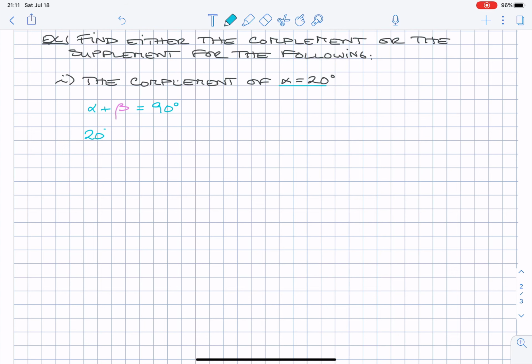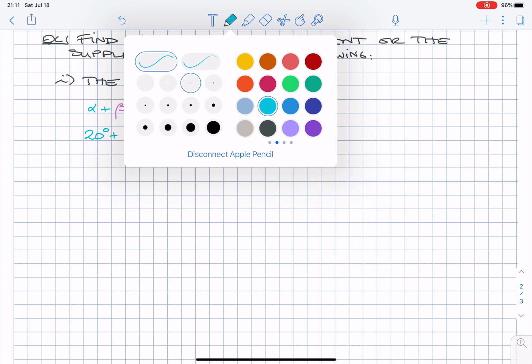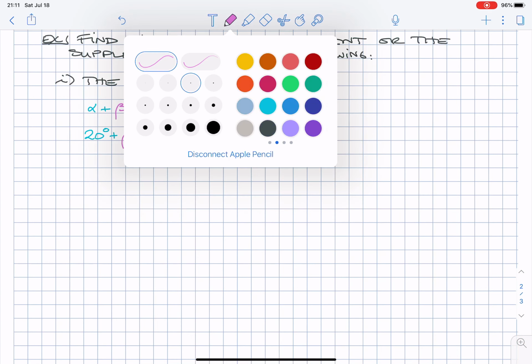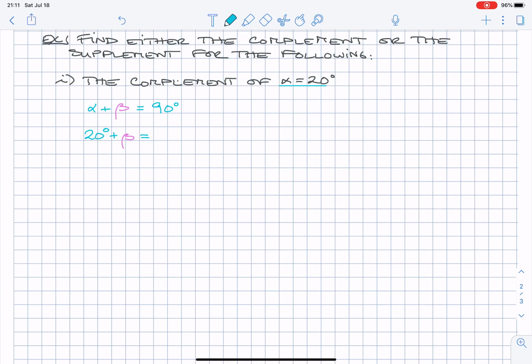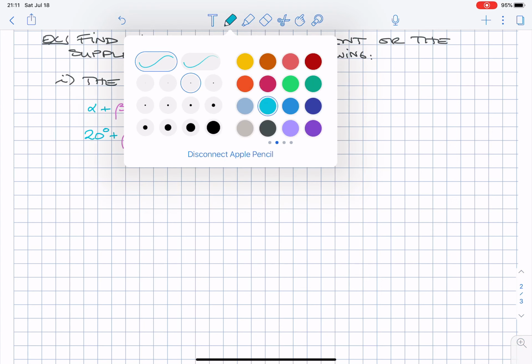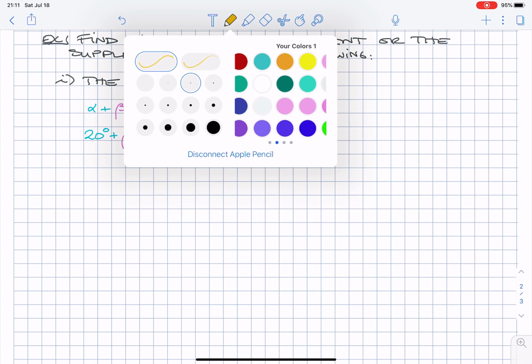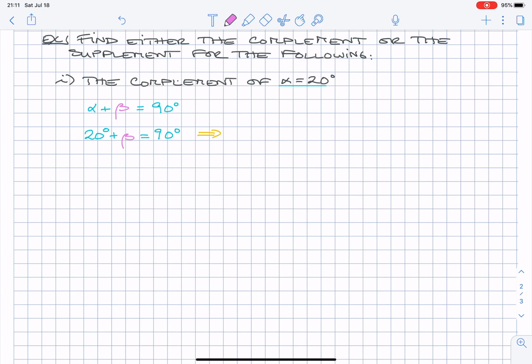Well, 20 degrees plus whatever beta is must be 90. So subtracting 20 degrees from both sides, I claim that beta is going to be 90 minus 20, so beta is 70 degrees. So the complement to 20 degrees is 70 degrees.